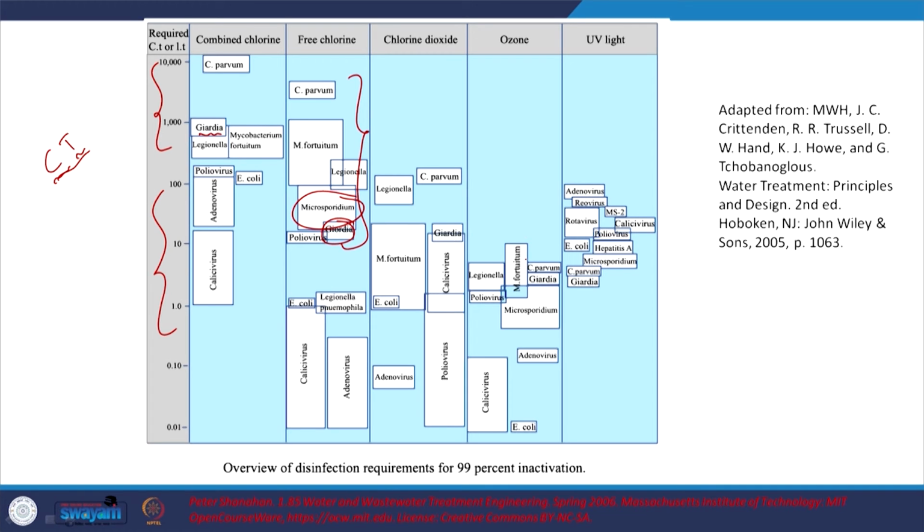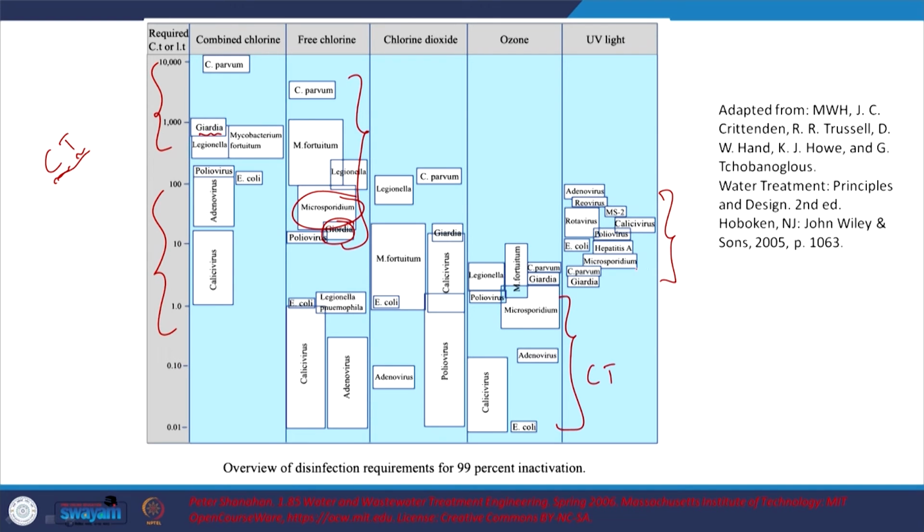But with respect to ozone and UV, and this is the advantage, I guess, you see that they are effective against a range of pathogens, and that too at relatively lower CT values. So contact time is relatively less here.